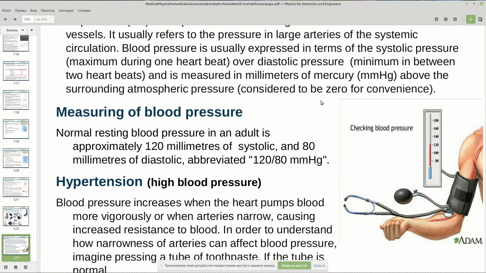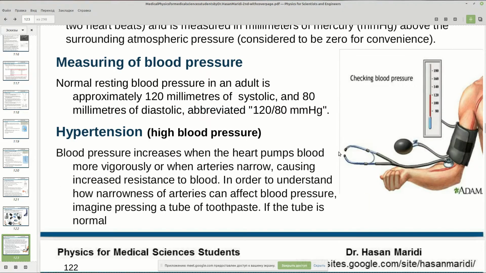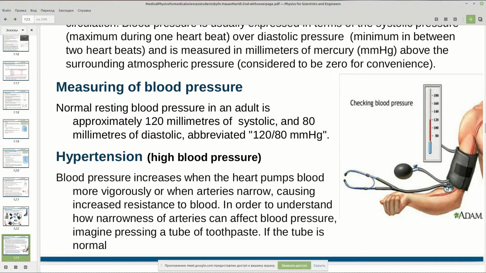Here in the picture is our mechanism for checking the blood pressure, to hear the sound when you close the artery with this cuff. We use a special type of cuff to close the artery, and when you start pushing the pump, a rubber pear, you push a little bit of pressure of the air inside the cuff and you start to open the artery, and you start to hear the sounds of Korotkov, the noises of Korotkov.